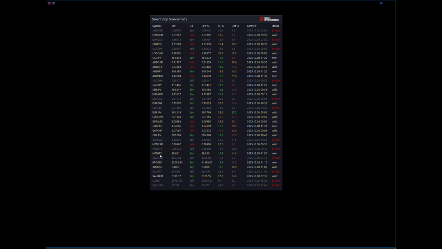So you see here New Zealand dollar, Japanese yen, there is a new buy stop level and it's classified as very tight. You see this in the notification as well, and you see at the white coloring that this is a new stop loss level.